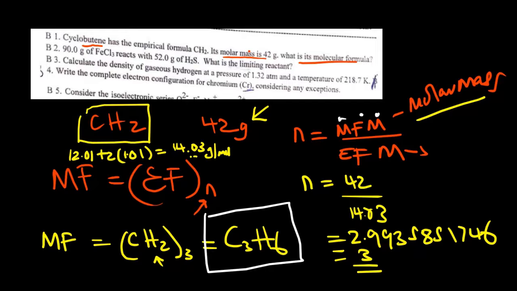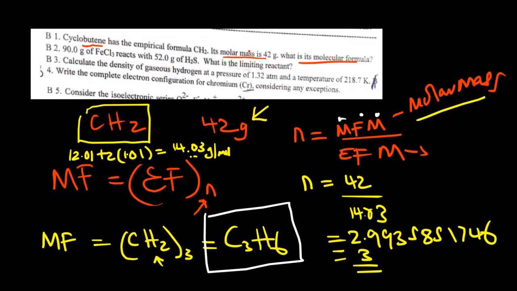We got it from the question, and then we divide by the empirical formula mass. After doing 12.01 plus 2 multiplied by 1.01, which gives 14.03 grams per mole, that's the number that you divide 42 with. Yes.